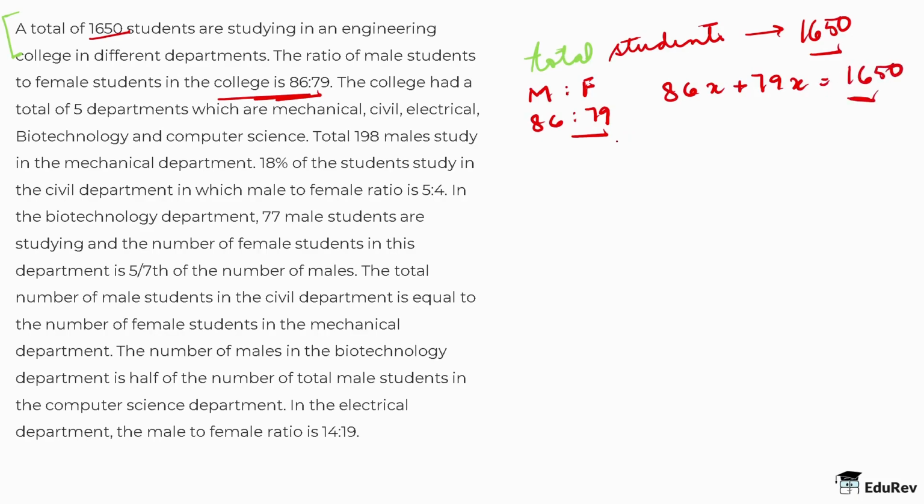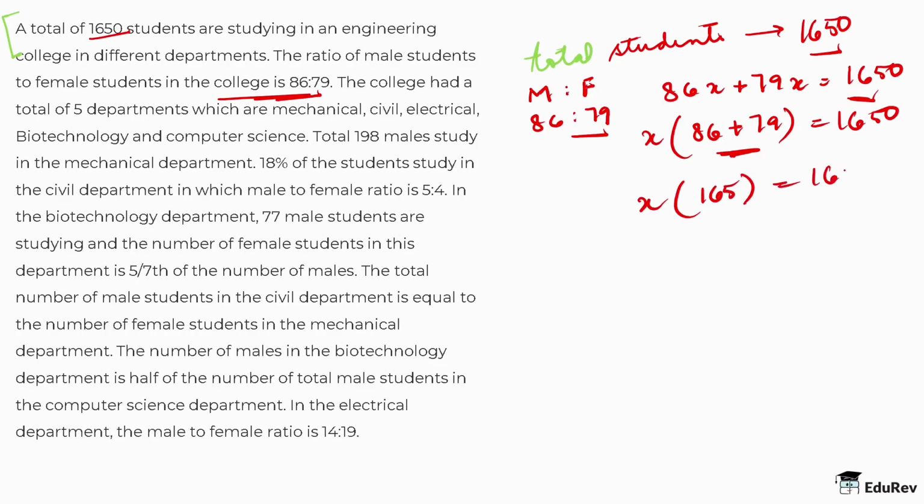If I take x common and do 86 plus 79, that is 165. So x times 165 equals 1650, and by seeing this equation, you know that x will be 10. So we found the x value, that is 10.